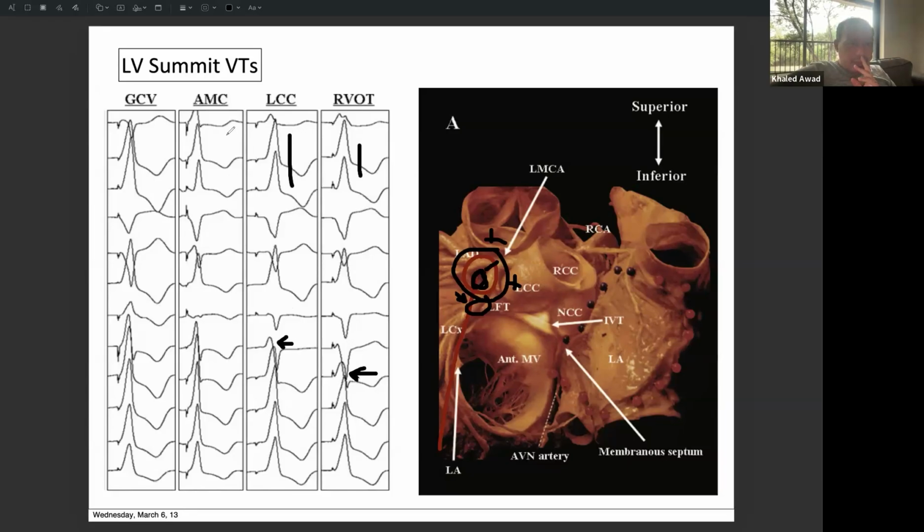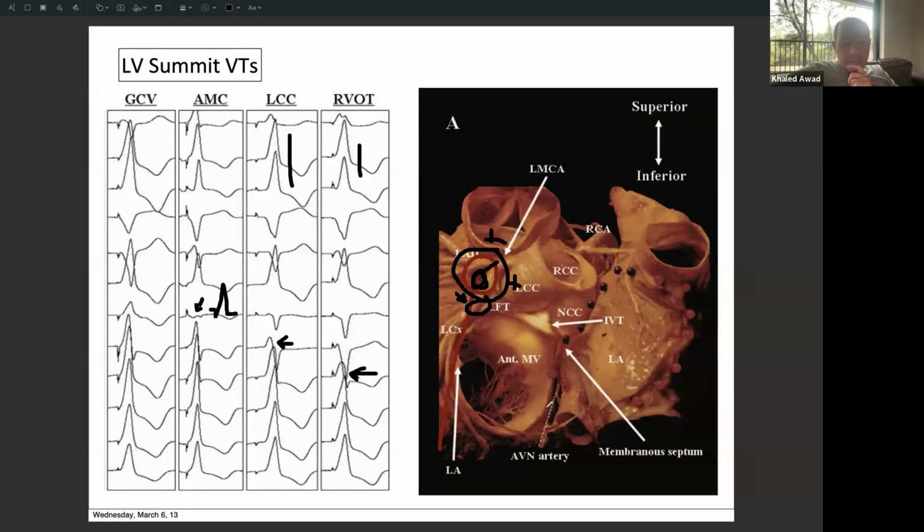And then there is the aortomitral continuity, which would have this sort of QR pattern. I think this is more of a left cusp pace map; I would have expected this to look more like this in V1. And then you get the great cardiac vein.